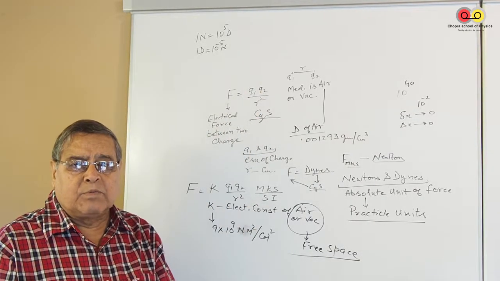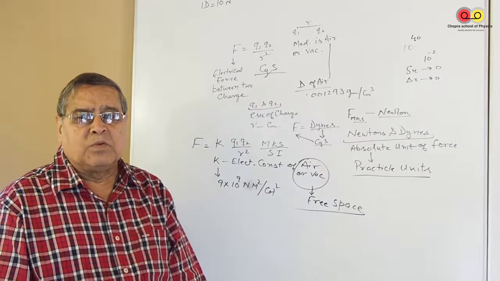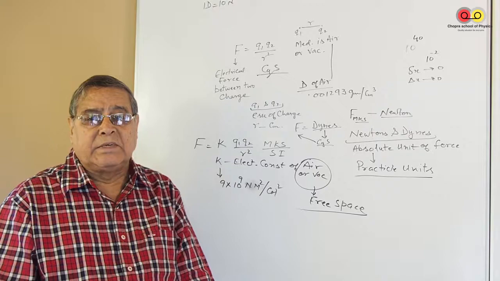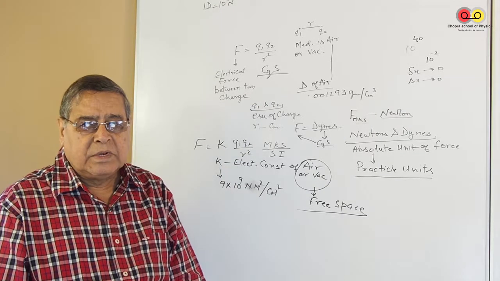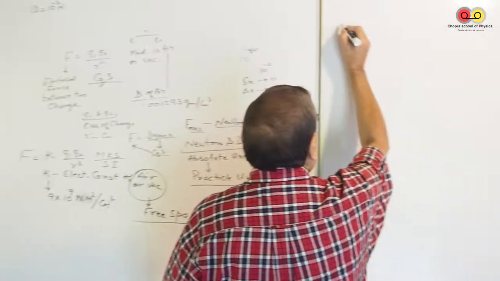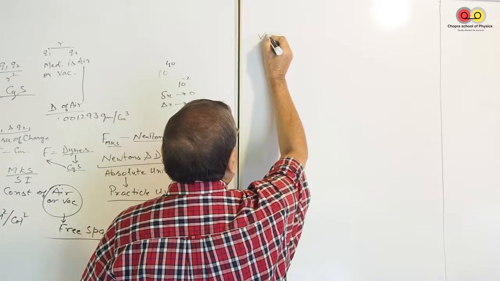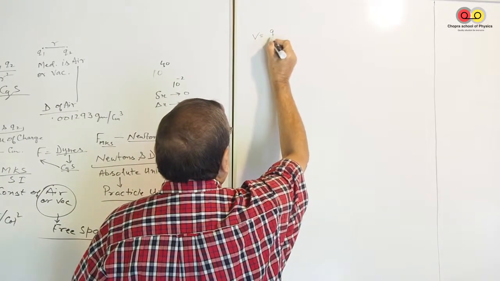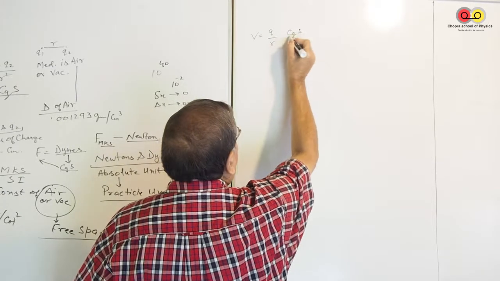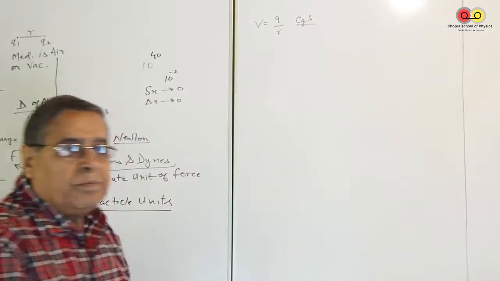Now there is another formula, that is the formula of electrostatic potential in MKS units as well as in CGS units. So the formula of potential will be like this: V is equal to Q divided by R. This is called the CGS representation.